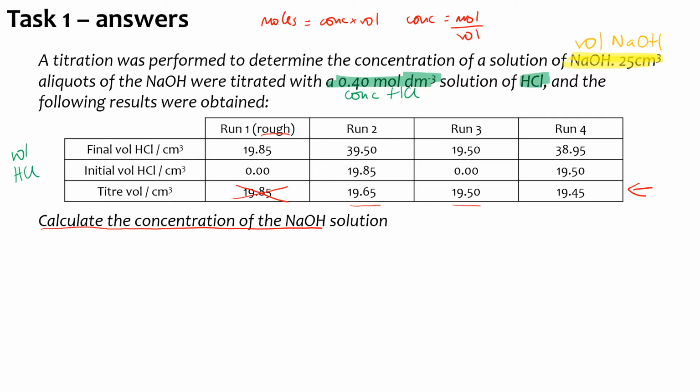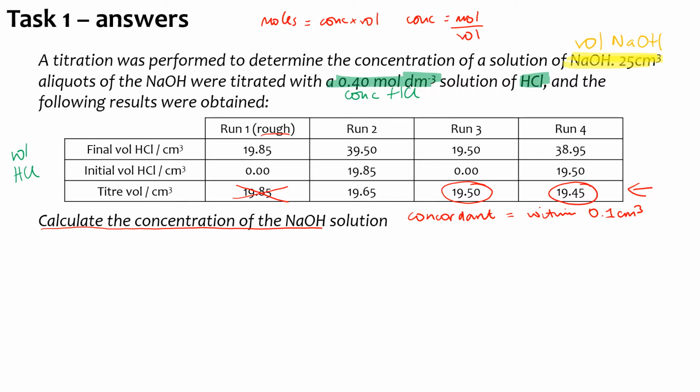19.65, 19.50, 19.45. Well, when it comes to titrations, we're looking for the concordant results. And concordant results are those that are in agreement with each other. And that means within 0.1 centimetres cubed of each other. And if we look, we have 19.50 and 19.45 that are within 0.05 of each other.